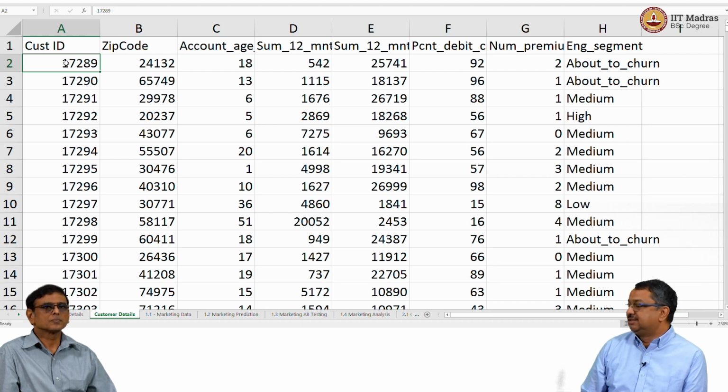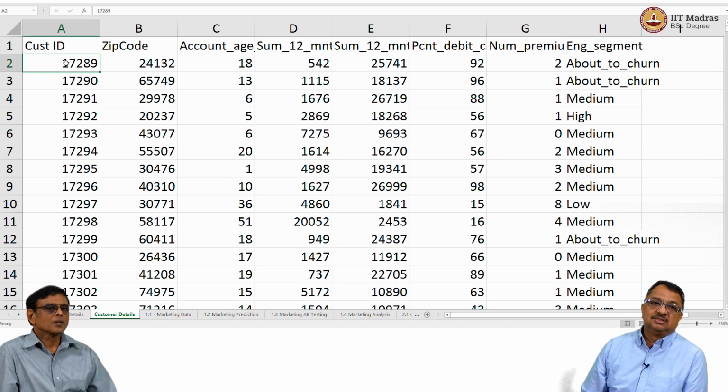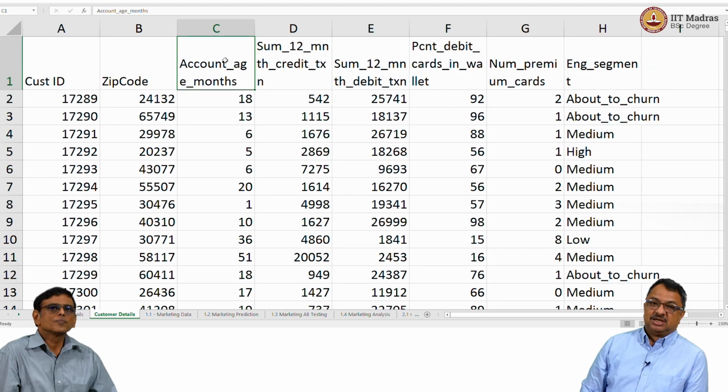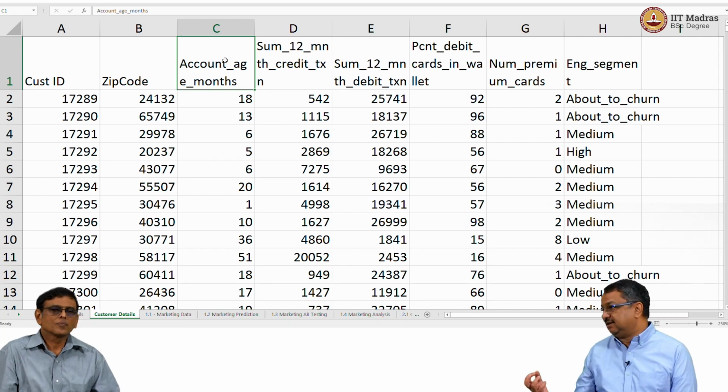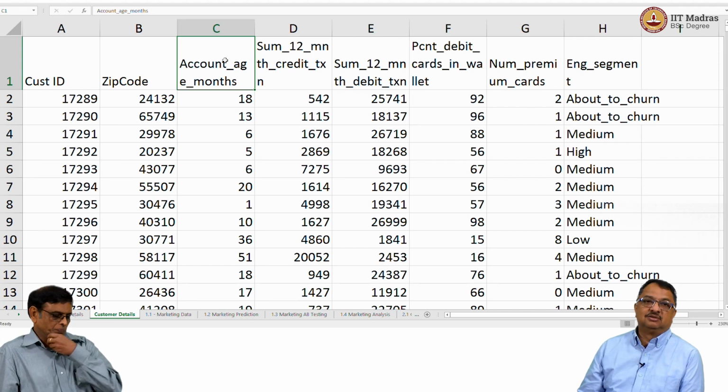Zip code is the US equivalent of the Indian PIN code. So they're storing the zip code of where the person stays. Is he staying in a middle class locality, a relatively poor locality, or a well-off locality? I guess that gives them some clues about how much credit to offer the person.